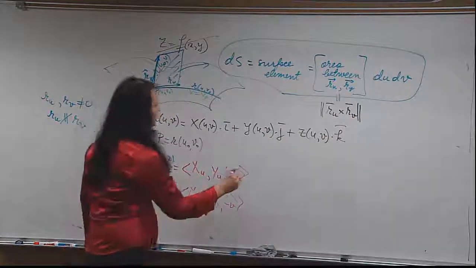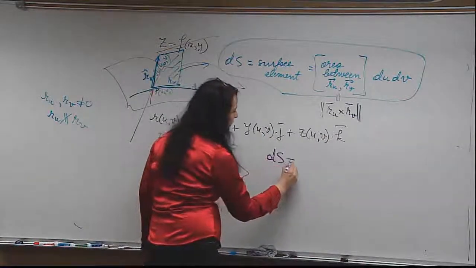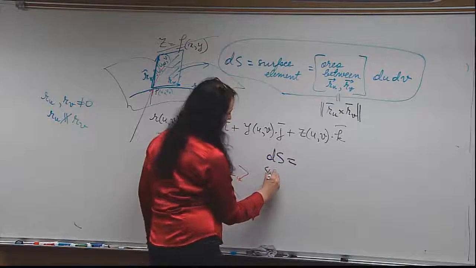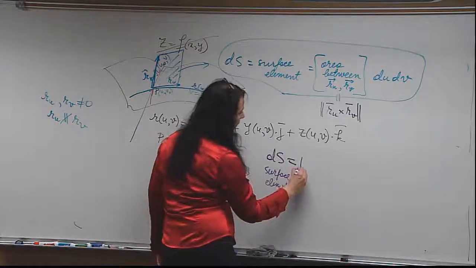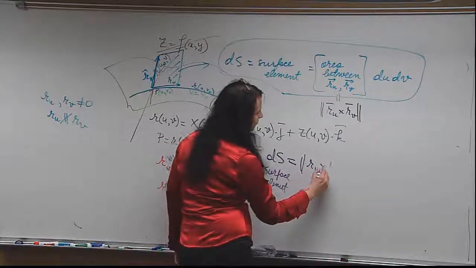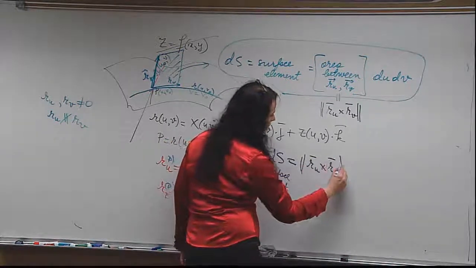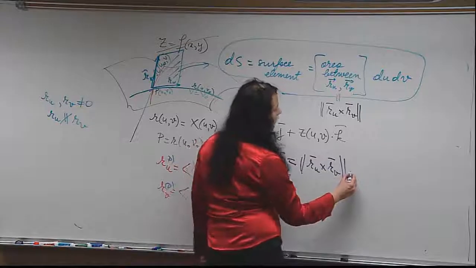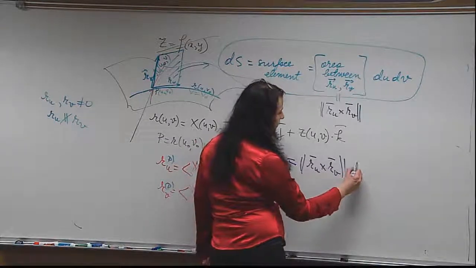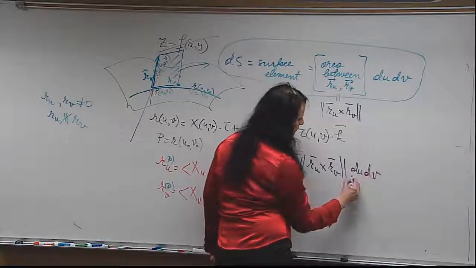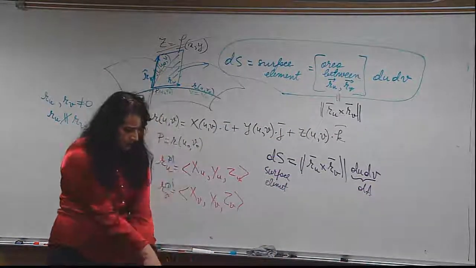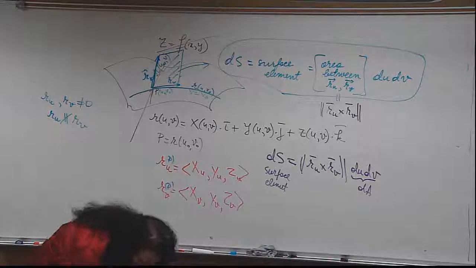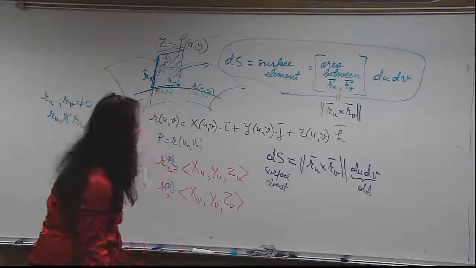So you have dS, the infinitesimal surface element, will be exactly the magnitude of the cross product of the two velocity vectors, du dv. Du dv can also be written dA in this case, because it's a flat area on the floor. It's the area of a tiny square on the floor, infinitesimally small square.